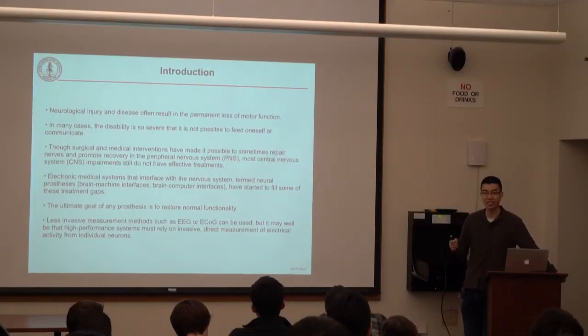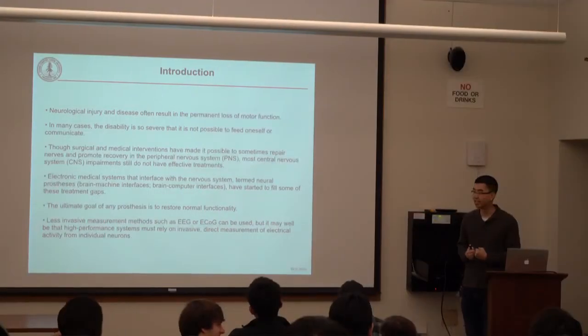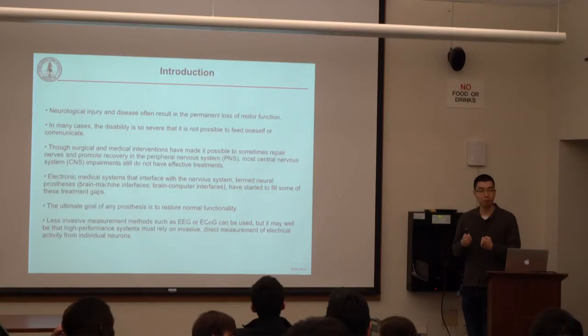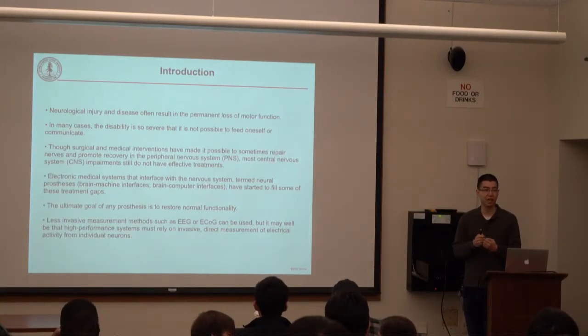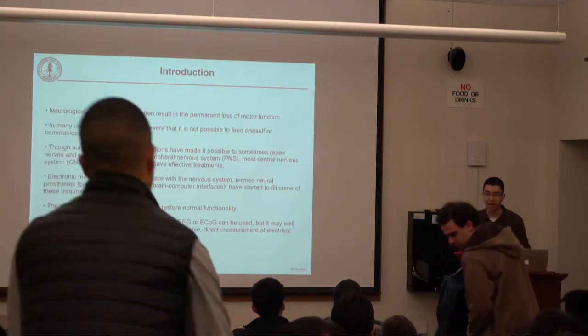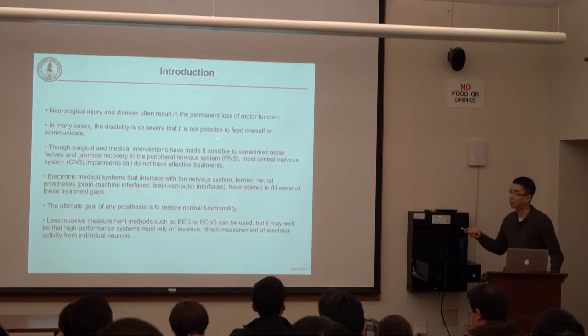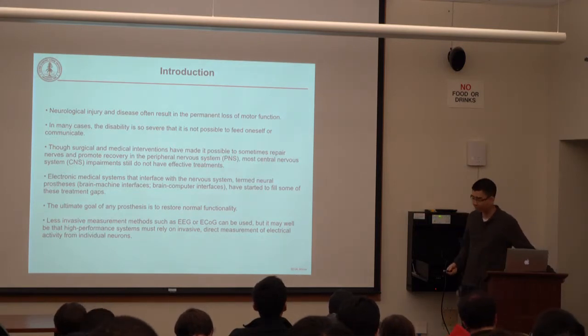Multiple sclerosis has to do with the demyelination of axons from neurons, so you can't transmit action potentials over long distances, and it's also slower. And paralysis, at least in the cases that we'll talk about, has to do with the severing of the spinal cord.